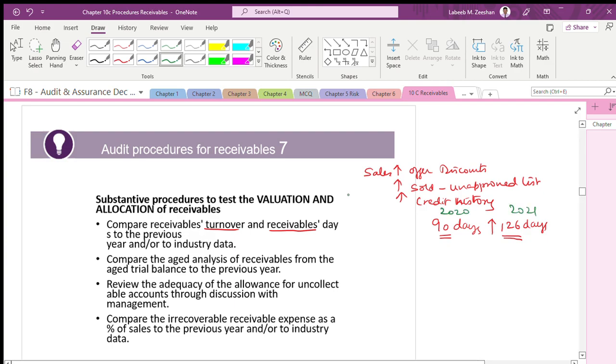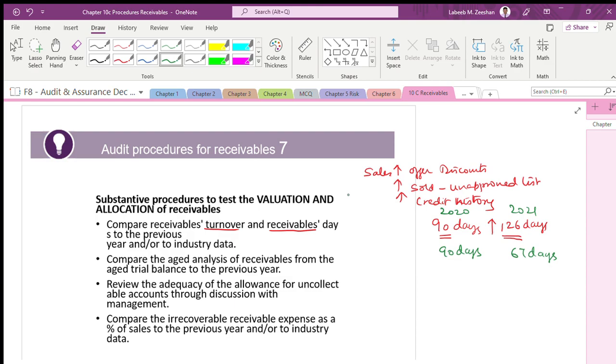This will give you an indication whether we are recovering. Assume the receivable days last year is 90 days and this year is 61 days. It's a good sign that we are recovering our cash within fewer days.